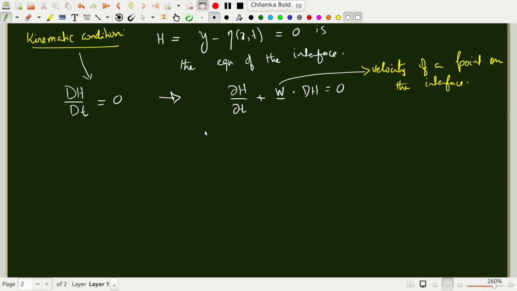Now if I were to take this to the other side, it is minus partial h partial t.